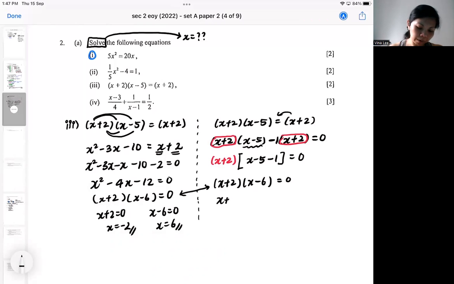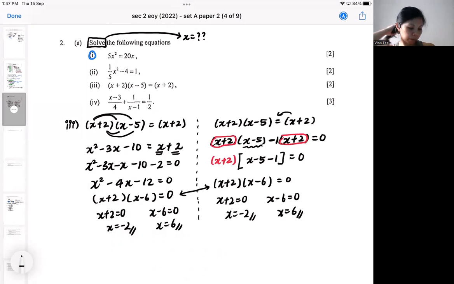So obviously, I should get the same answer. So these are the two methods. Whichever method, you will still get the full marks as long as you don't have careless mistakes. Unless you go and cancel the bracket x plus 2.